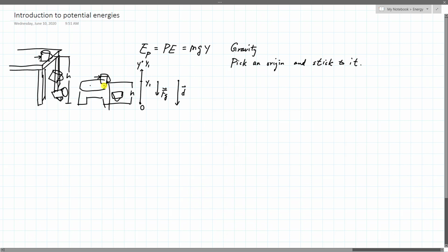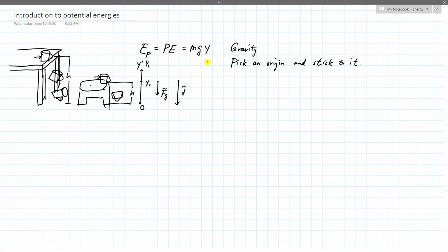If you fall from this step stool to the ground, your height change is h regardless of where the origin is. So this tells us something about the potential energy due to gravity. Basically, it has much less meaning than the change of potential energy from one place to another place, two different heights.